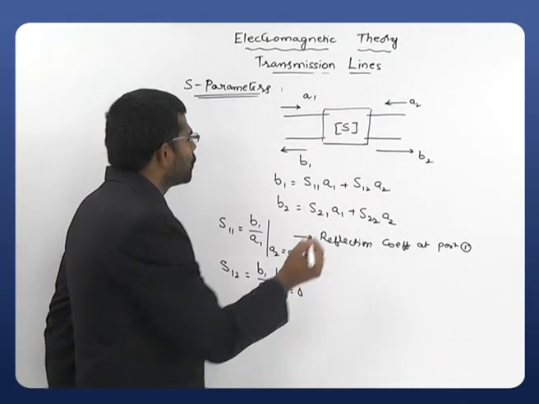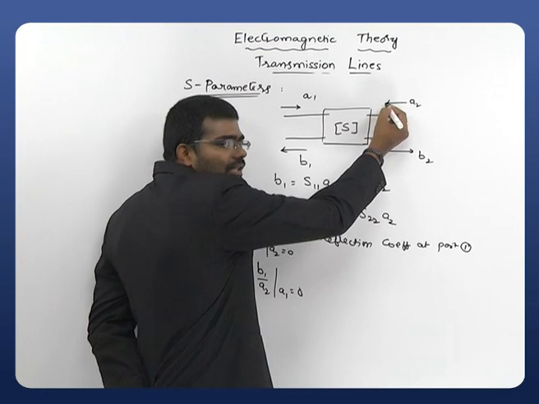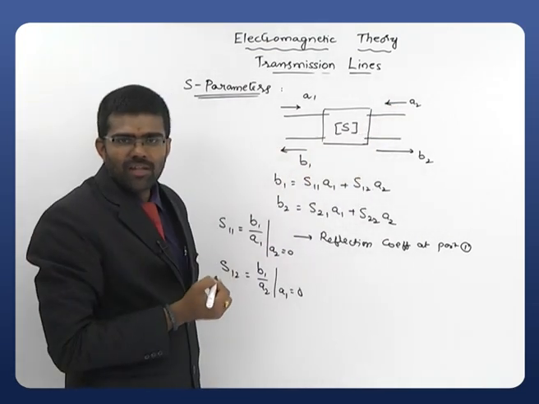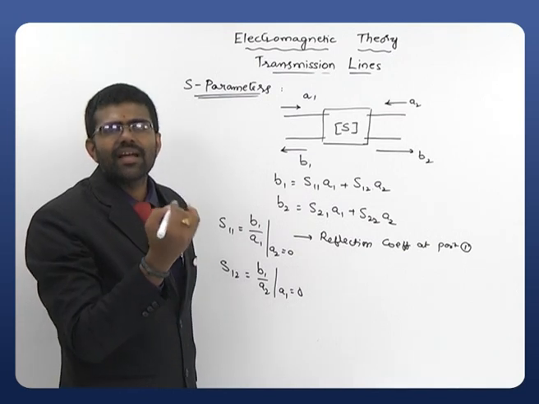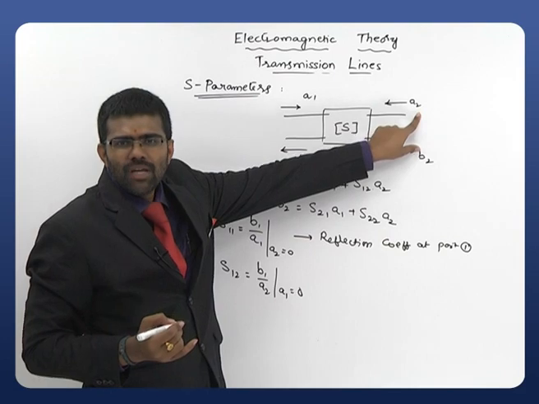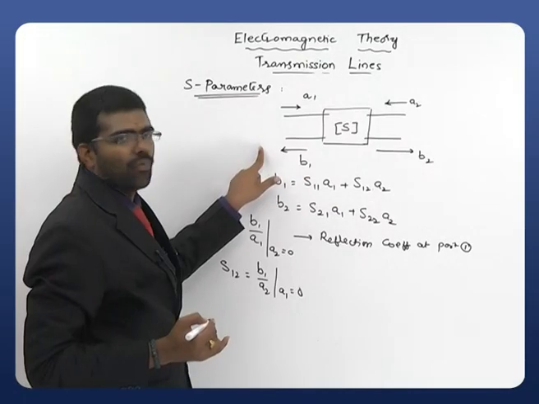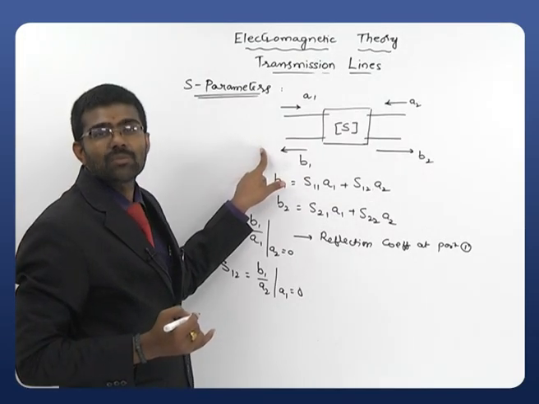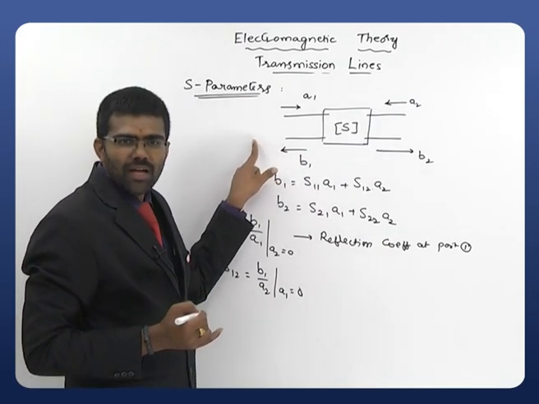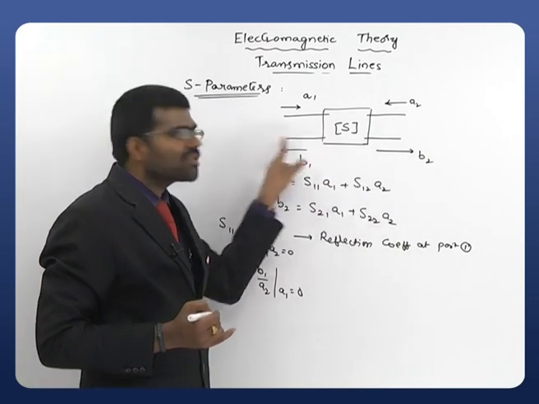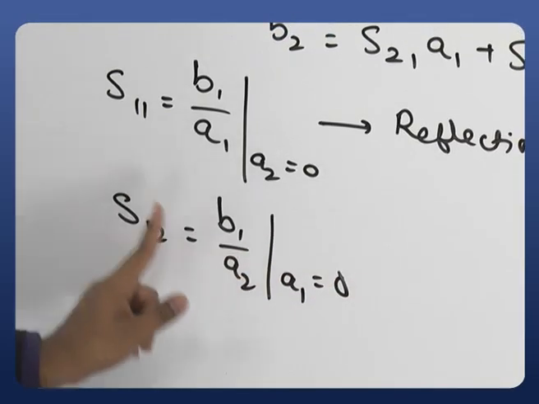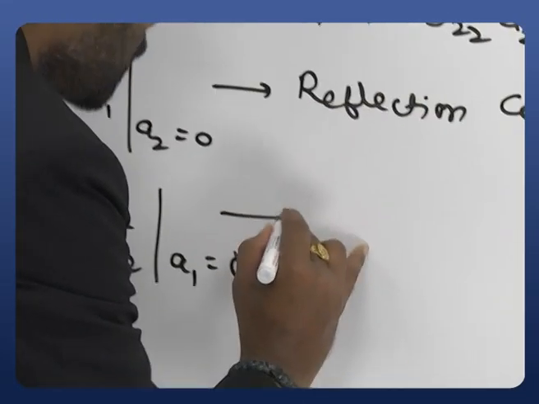What is B1 by A2? A2 is in this direction, it is entering this junction and it is leaving the junction. Here it is not reflecting, it is scattered as output. Whenever the input is applied at port 2, it will be scattered to port 1. So this is called the transmission coefficient. It is transmitting from port 2 to port 1. It is not reflecting, it is transmitting. That's why the ratio of B1 by A2 at A1 equal to 0 is always called the transmission coefficient.